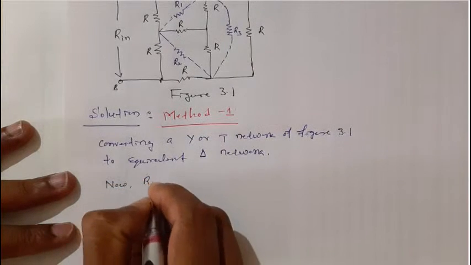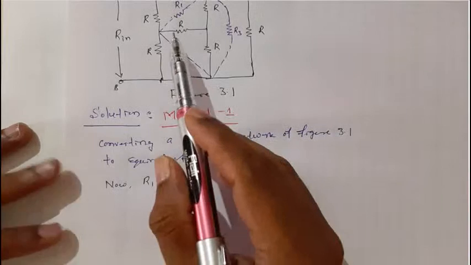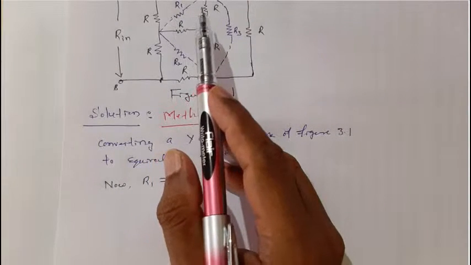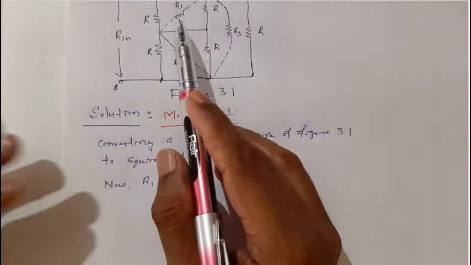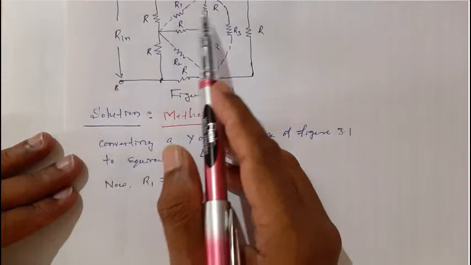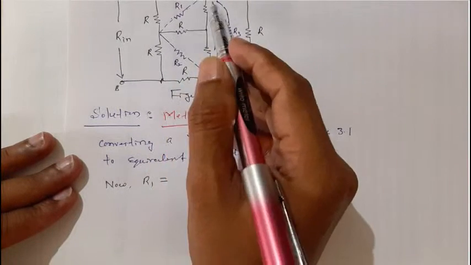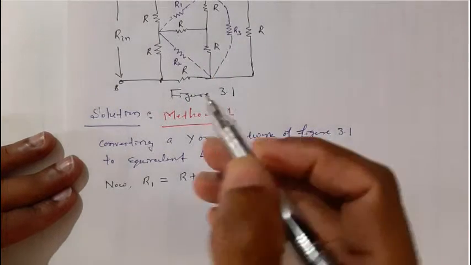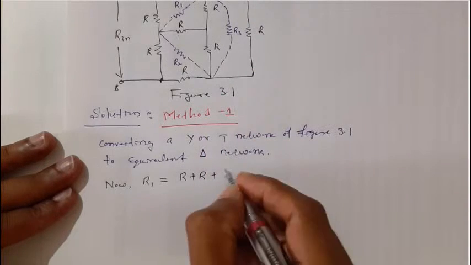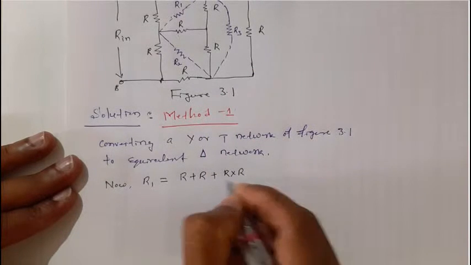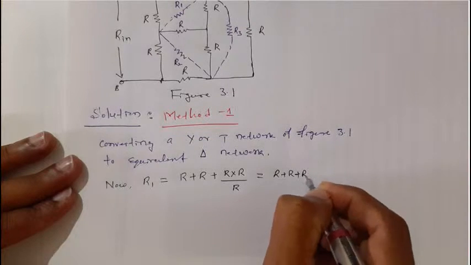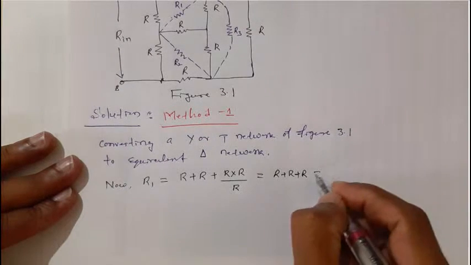Now R1 is equal to, look at the students, to convert a given T to delta, as I told, two resistors which are connected to it, one is R, another one is R, say it is R plus R, and the resistor which is not connected is also R, it is R into R divided by R, nothing but R plus R plus R, because R will get cancelled, is equal to 3R.